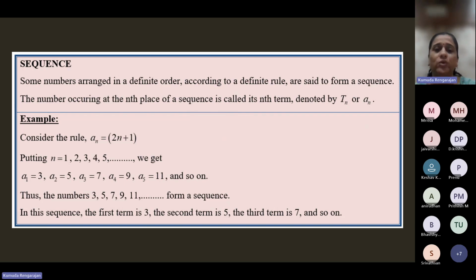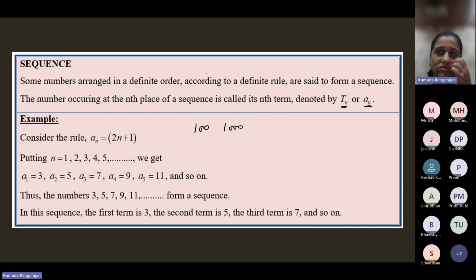The terms of the sequence are separated by a comma. The nth term of a sequence is normally called an or tn. The nth term is any particular term, say the 100th term or the 1000th term. Now we have two types of sequences, finite and infinite.